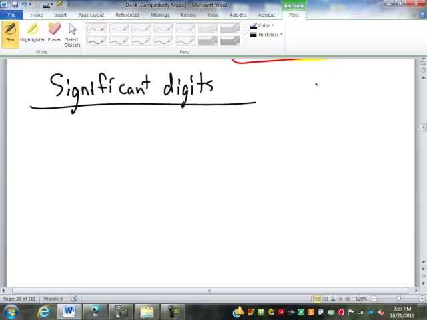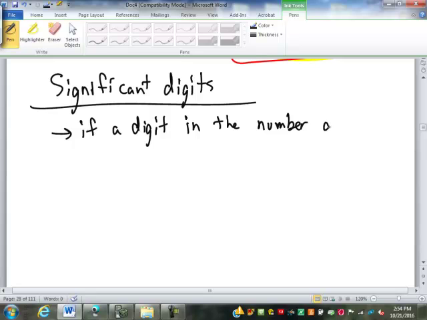But anyway, significant digits tell us if a digit in the number gives us information about the measurement.